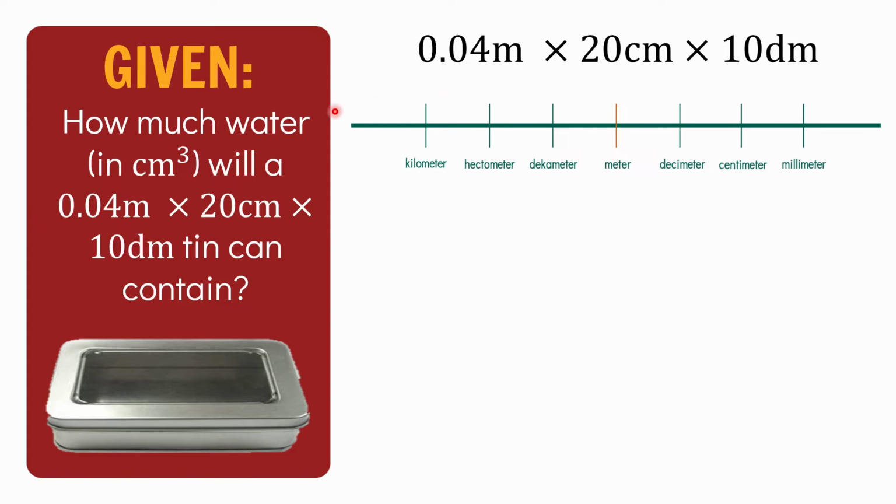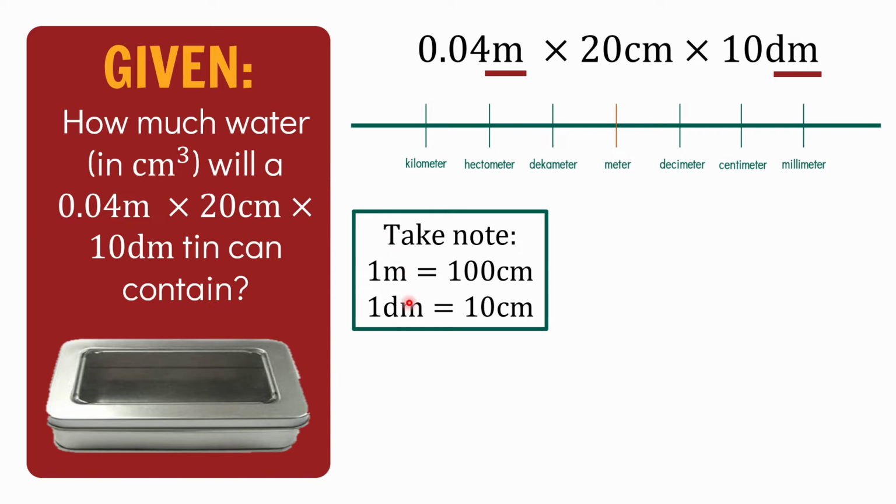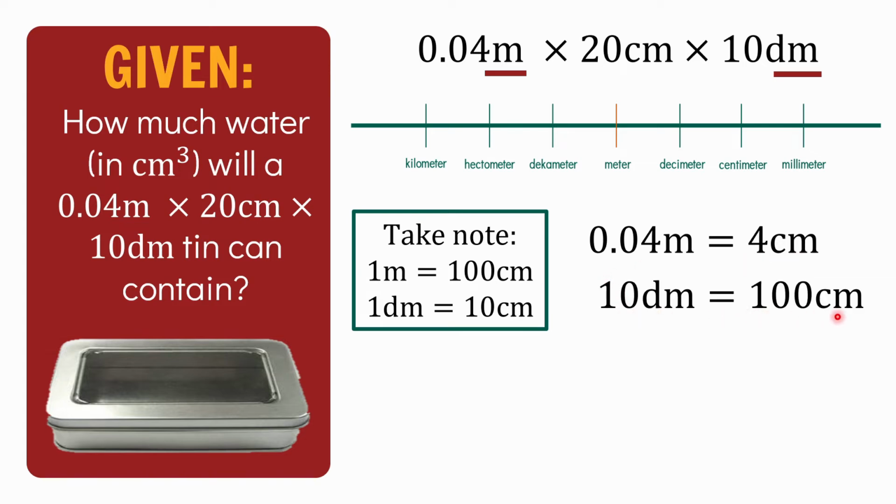But analyzing the problem, we just need to find how much water in cubic centimeter. With that being said, we need to convert meter and decimeter to centimeter. Take note that in the metric system line, 1 meter equals 100 centimeter and 1 decimeter equals 10 centimeter. So 0.04 meter will be 4 centimeter and 10 decimeter will be 100 centimeter.